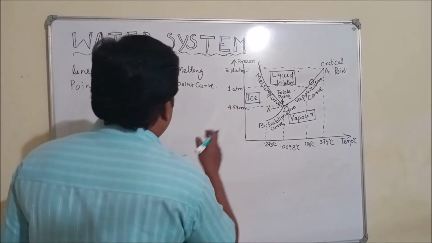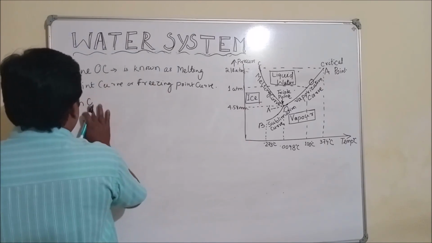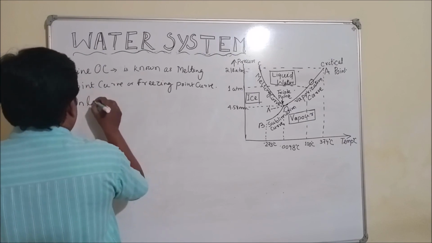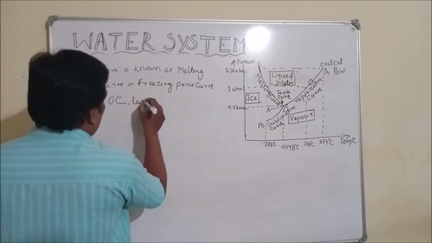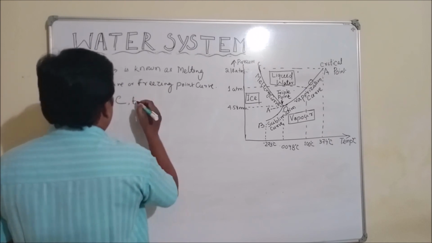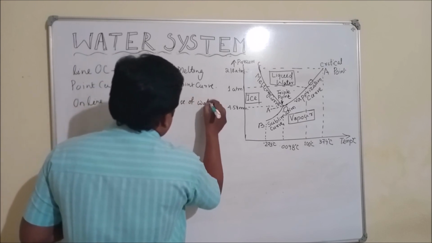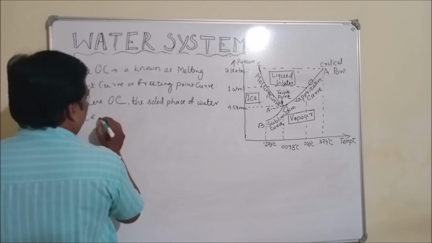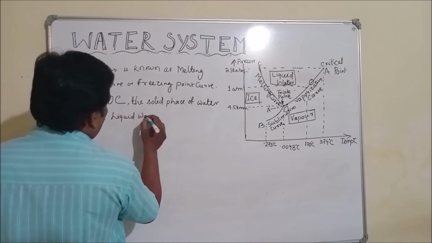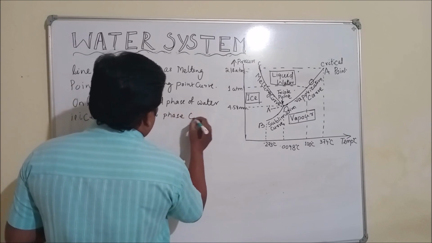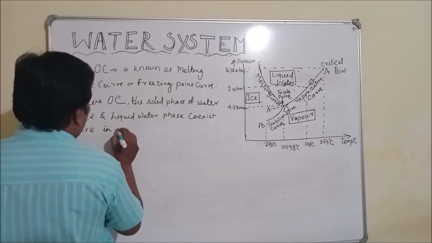Now on line OC, two phases coexist. That is, on OC, the solid phase of water, that is ice, and the liquid water phase coexist and are in equilibrium.